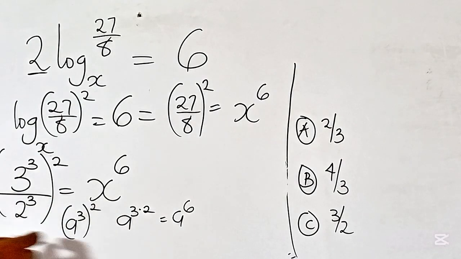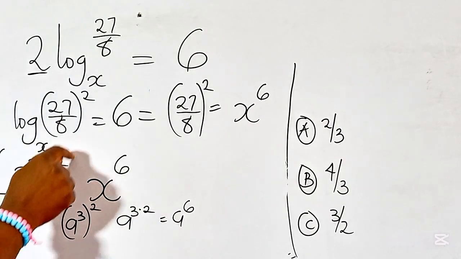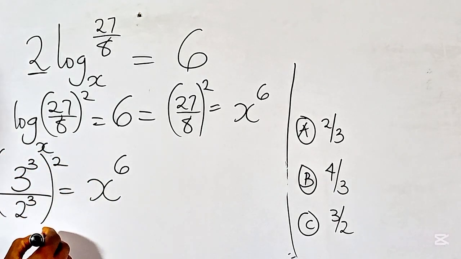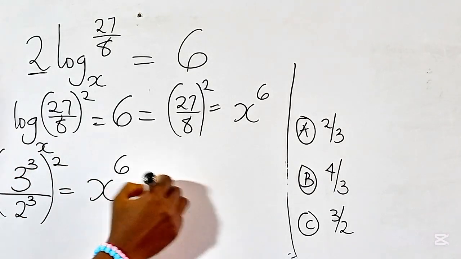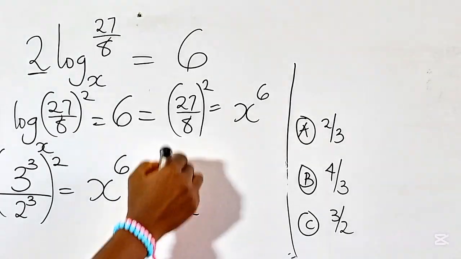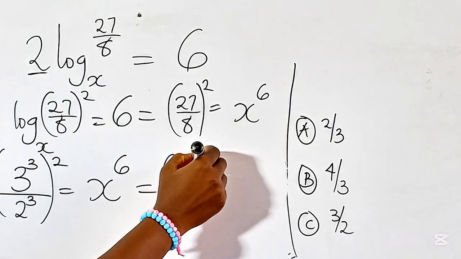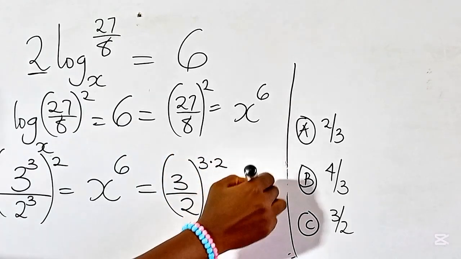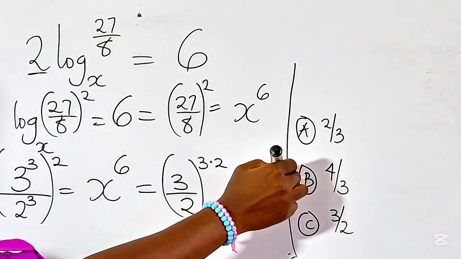So we are going to apply that property here by using these powers to multiply the power. If we do that, this is going to become 3 all over 2 all raised to the power of 3 multiplying 2 is equal to x to the power of 6.